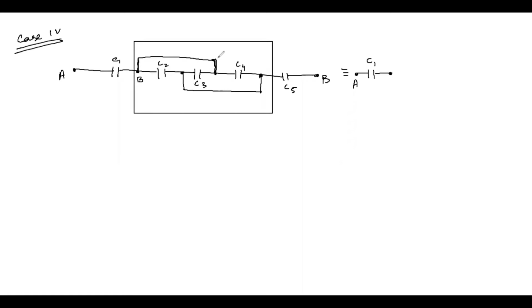If I had not connected this wire here and this wire here, then the same charge would have flowed through all these three capacitors C2, C3 and C4. But since I have connected a wire there, and since there is no potential drop across this wire, different charges, that means different current, is going to flow through all these three capacitors C2, C3 and C4.